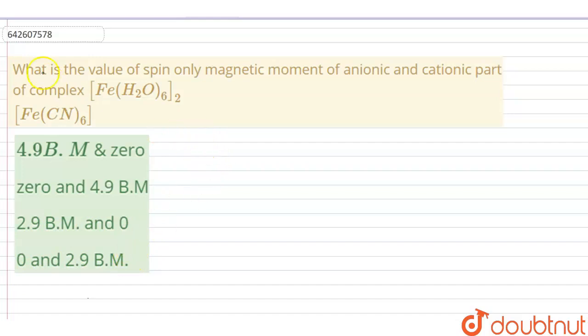Now what is BM? BM is simply Bohr magneton. What do you mean by Bohr magneton? It is actually the unit for spin-only magnetic moment, which is indicated as mu.